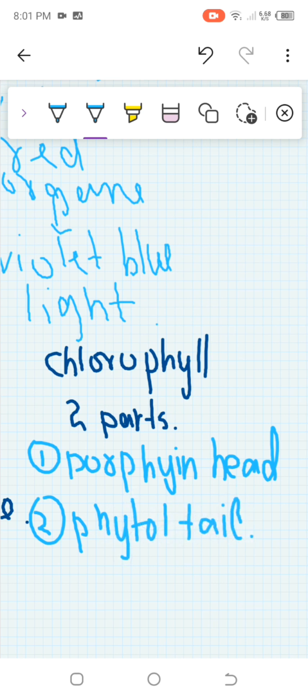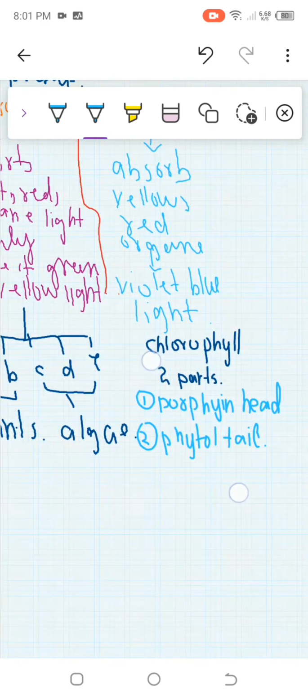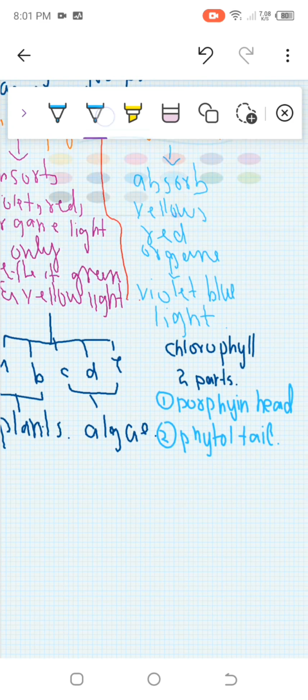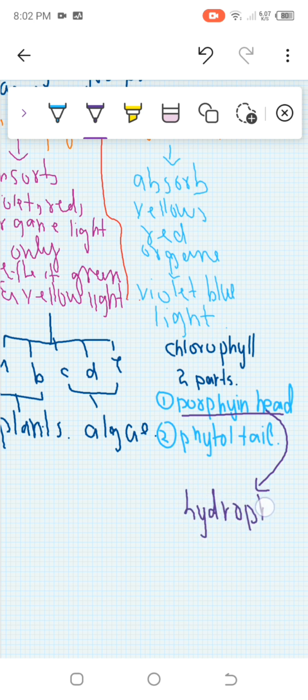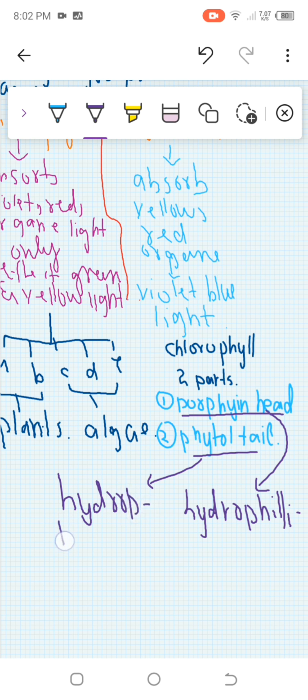Now the porphyrin head is hydrophilic in nature, while the phytol tail is hydrophobic in nature. Let me tell you the difference between hydrophilic and hydrophobic.